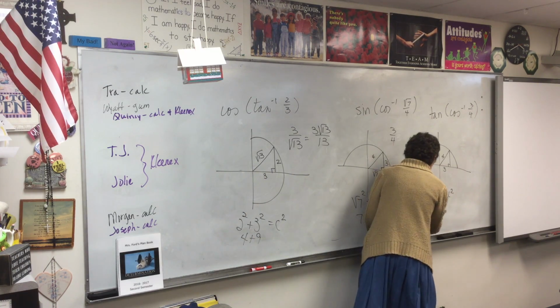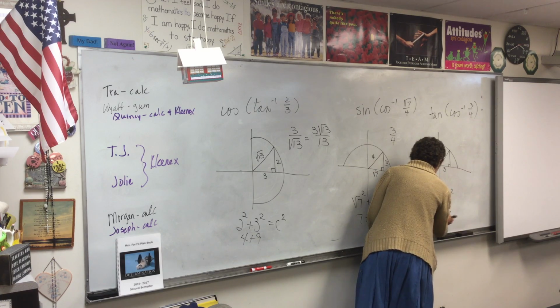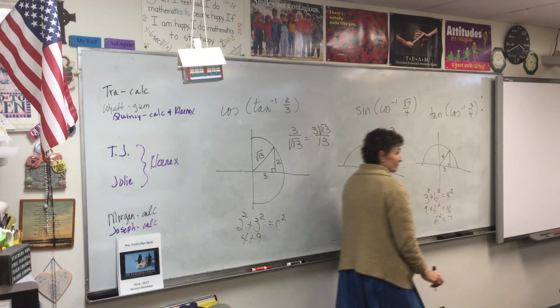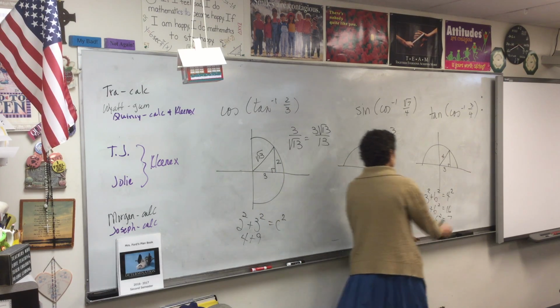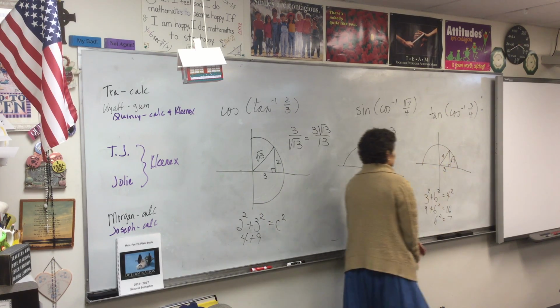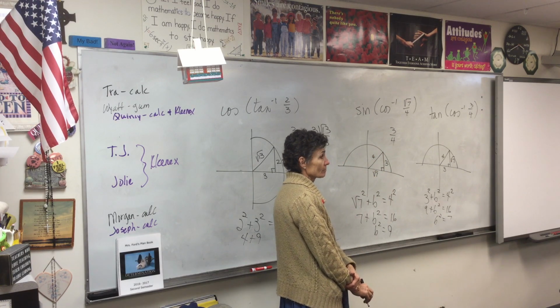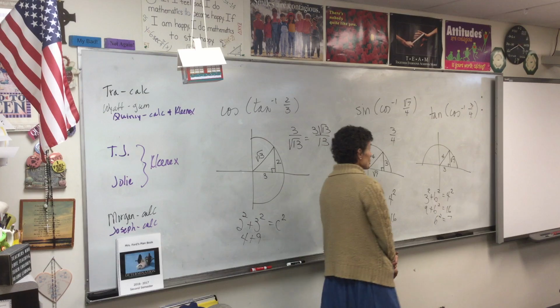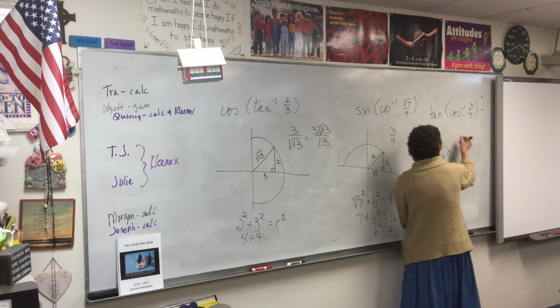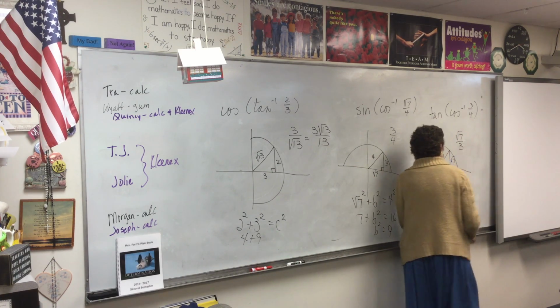So 9 plus b squared is 16 and b squared is 7. Which means b is root 7. I want the tangent. The tangent would be root 7 over 3.